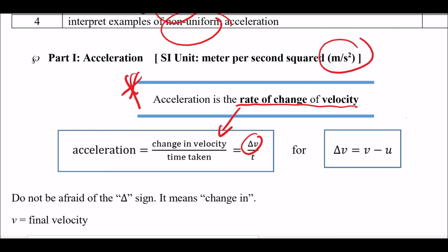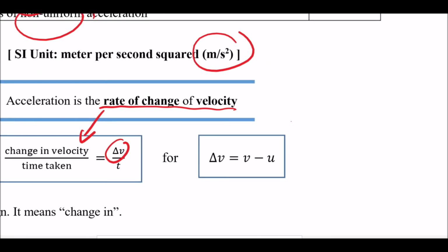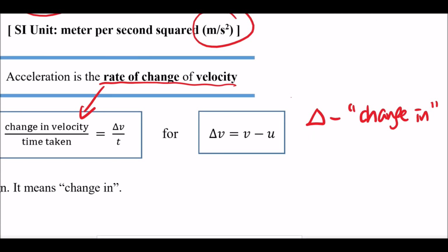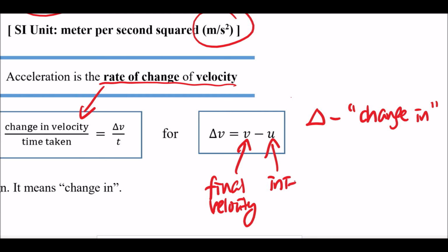Now this triangle thing, don't be afraid. It just means change. This thing here means change in. So don't be afraid. Okay, so delta V is equals to V minus U. Now you see that there are two letters here, V minus U. V means final velocity, or simply said final speed, minus initial or starting speed.